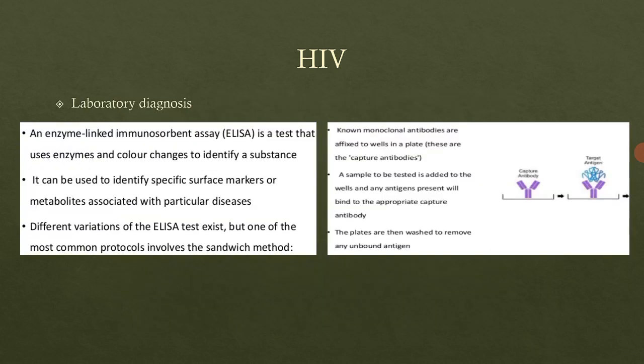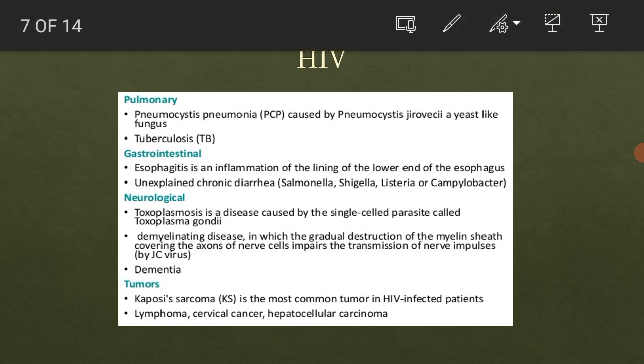So in this lecture we saw the HIV virus, the viral characteristic features of the HIV virus, the structure, and the genome of the HIV virus. Then we saw the symptoms of the HIV virus. In the symptoms we saw 4 groups: group 1, 2, 3 and group 4.